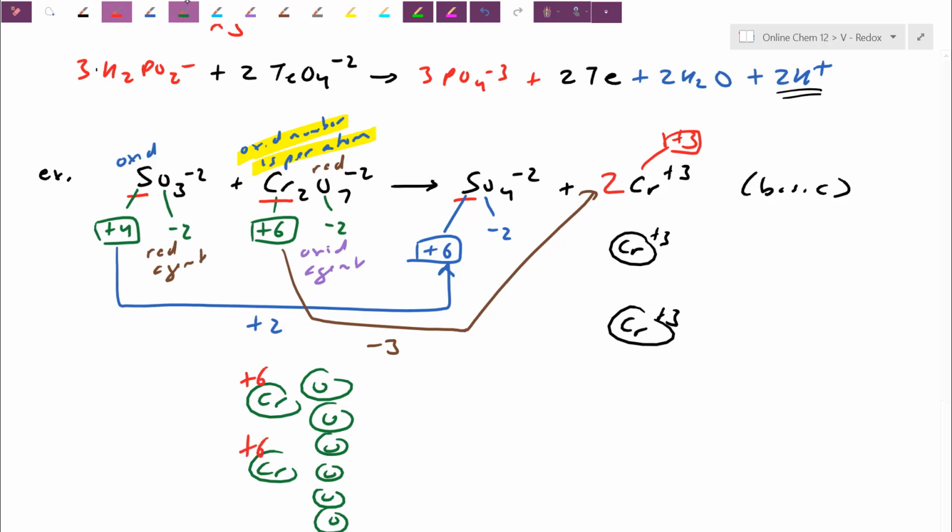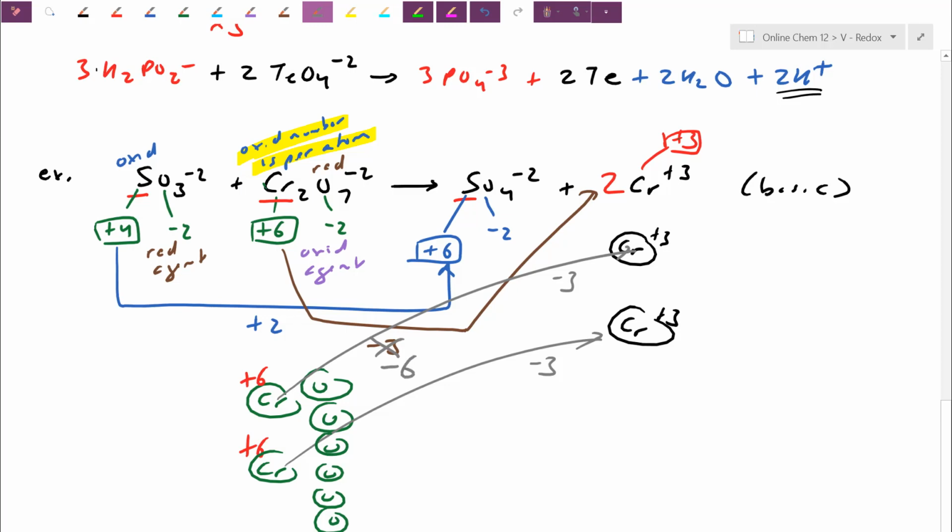So when we did a change, it's sort of like chromium dropping from 6 to 3. In fact, this first chromium drops from 6 down to 3. That already is a -3. But what about the other chromium? It also goes from +6 down to +3. Because I actually have 2 chromiums undergoing the change, I actually want to change this to a -6.